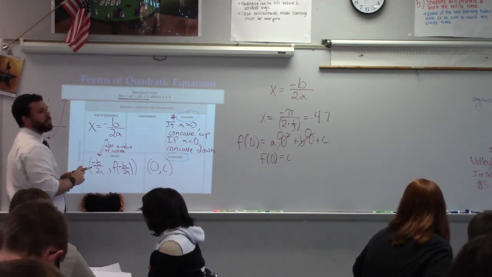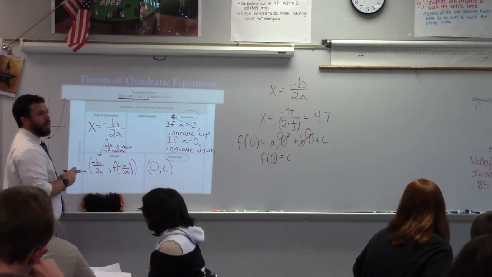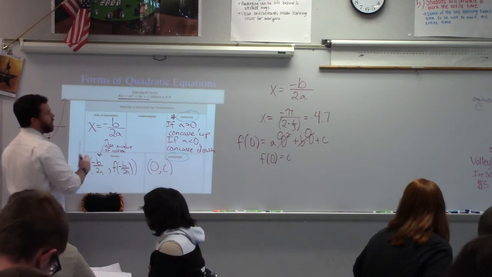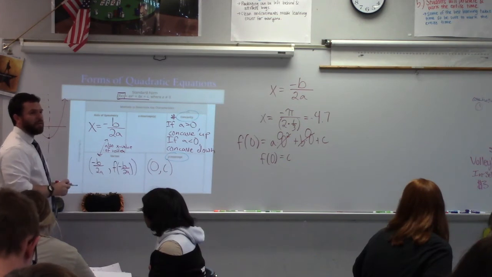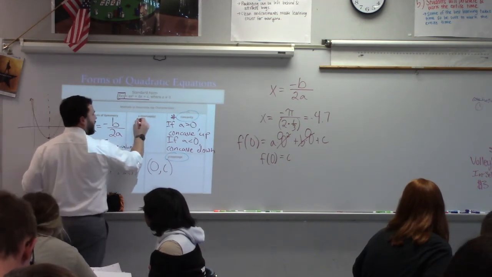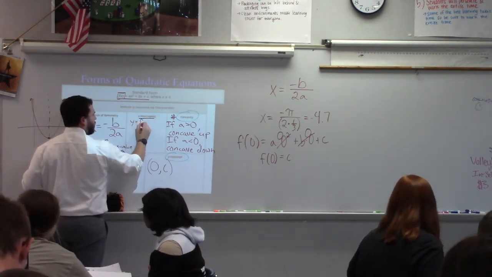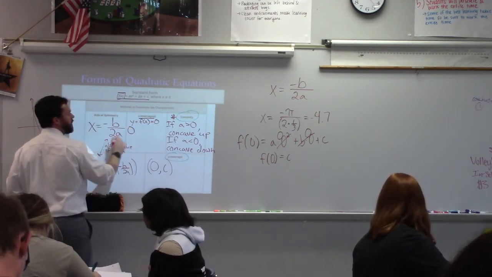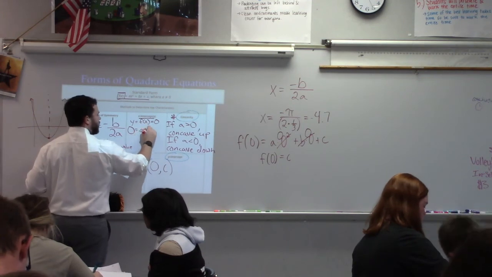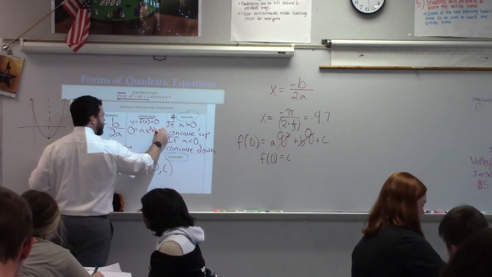Not the y-intercept, the y variable, the y value. Isn't f of x the same as y? For x-intercepts, the y is equal to f of x equals 0. So the only thing I know is 0 is equal to ax squared plus bx plus c.